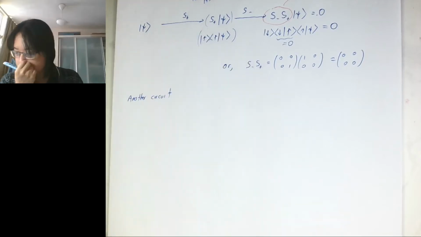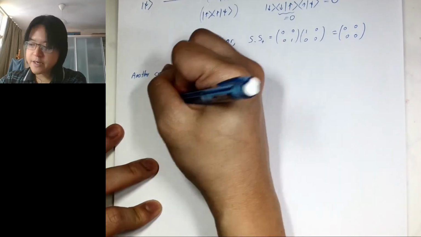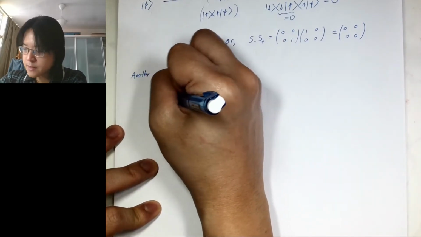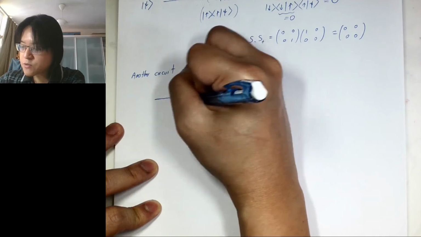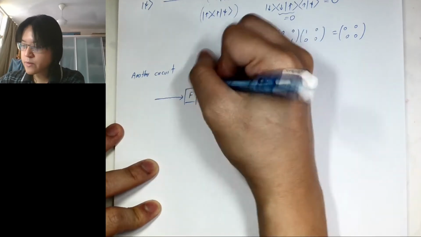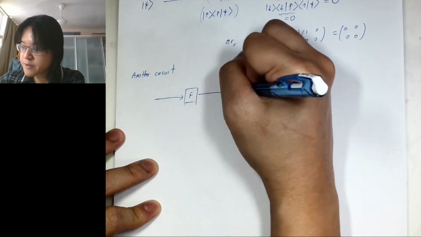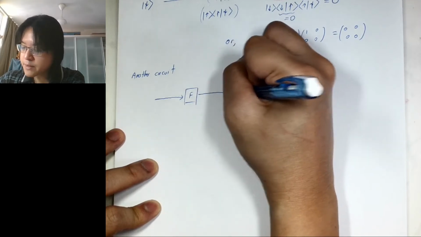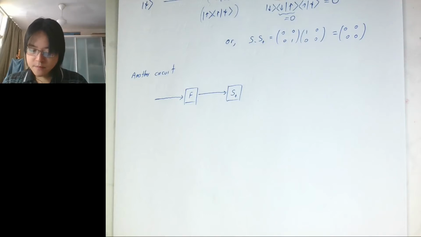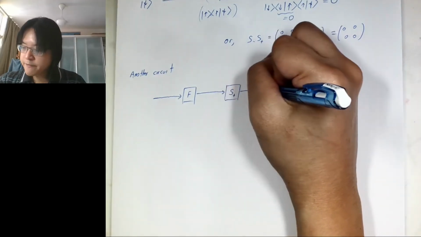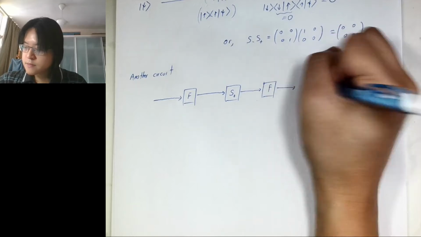Now let's talk about another circuit. Let's see what happens if I take a silver atom beam, whatever the state is, and pass it through a flipper, then after the flipper I put the plus selector, and then I flip it back.